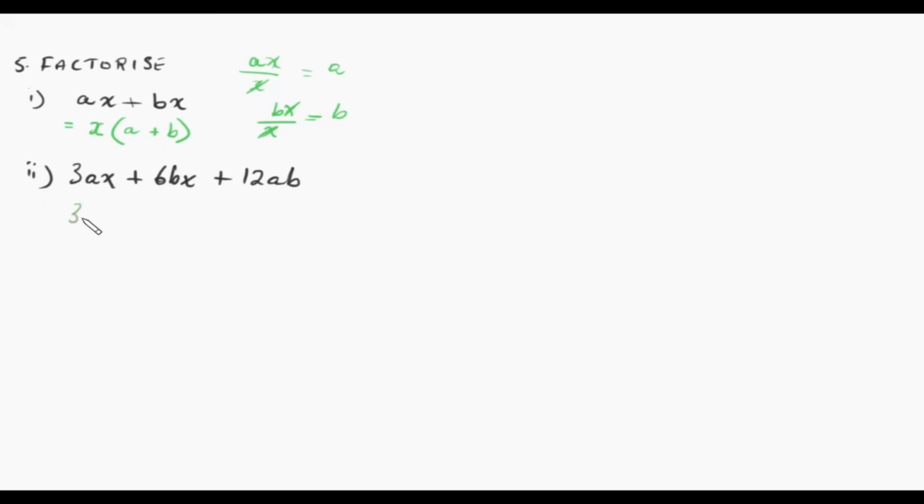We say 3ax plus 12ab plus 6bx. All right? Now, I want us to split this because it looks like this has got a factor for this one and a factor for this one.